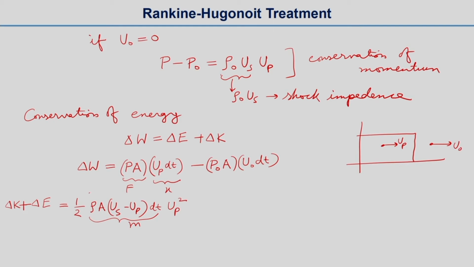So this is the final kinetic energy plus our final internal energy, which will be internal energy per unit mass multiplied by the mass, that is density rho A (Us minus up) dt. So this is also mass, and this is for the final configuration.